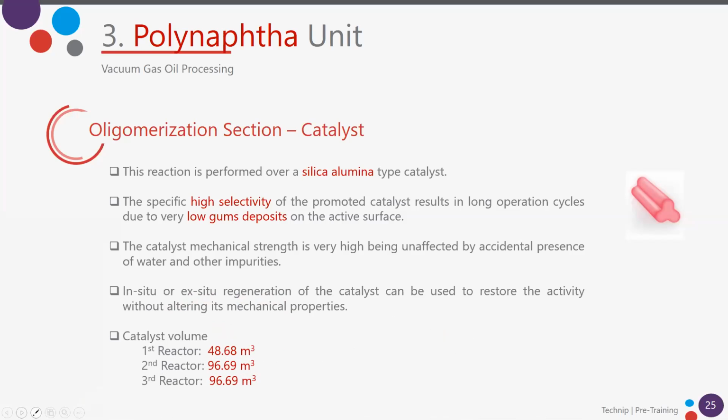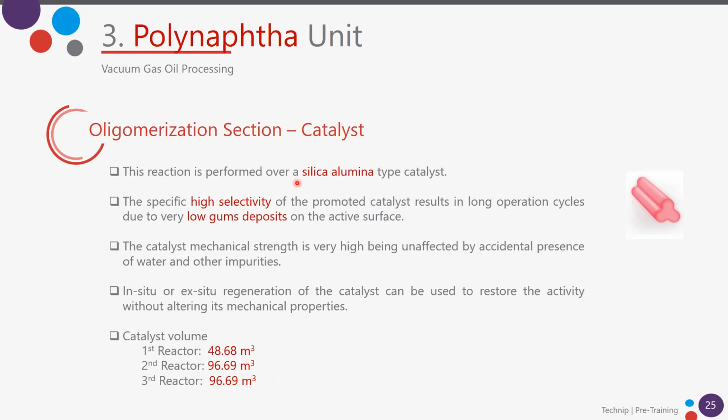And we will have here 3 reactors in this oligomerization section. We have the first reactor, and we will see that we have 2 reactors with this quantity of catalyst. We have a second reactor and a third reactor with 96.7 cubic meter of catalyst each one.